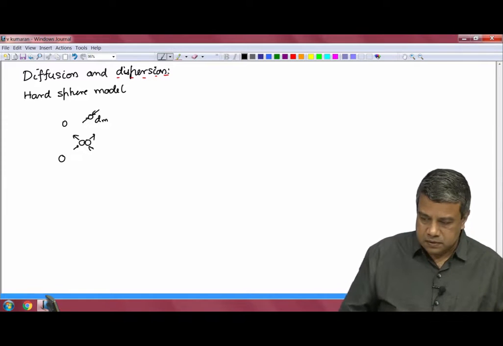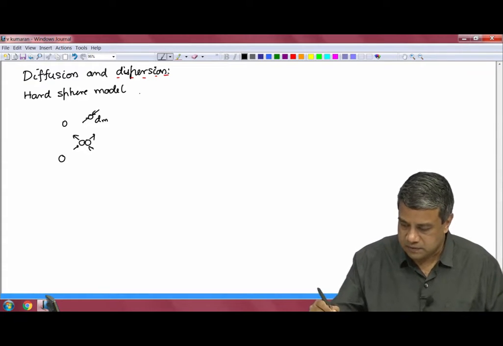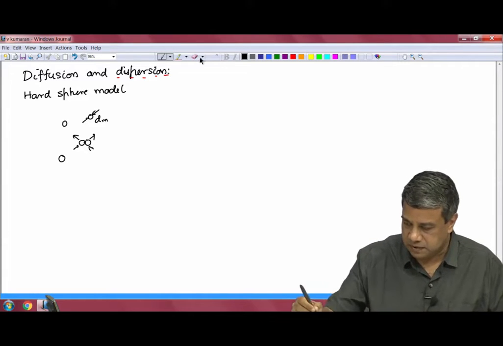So, how do we model mass diffusion for this hard sphere model?